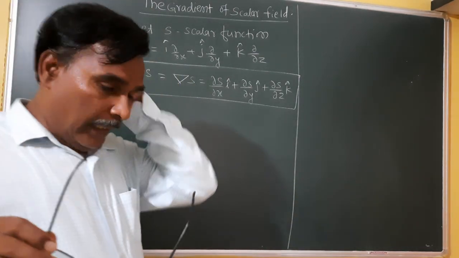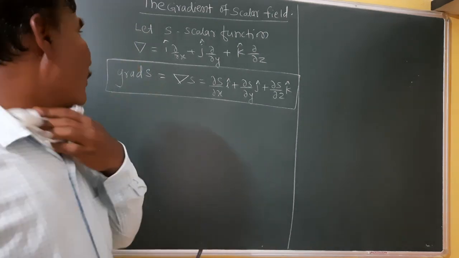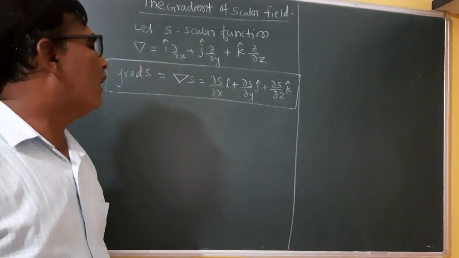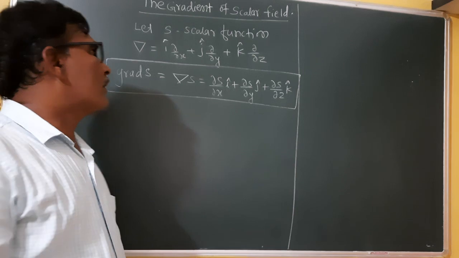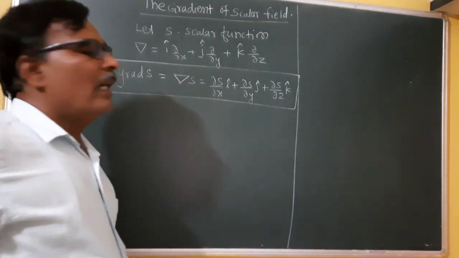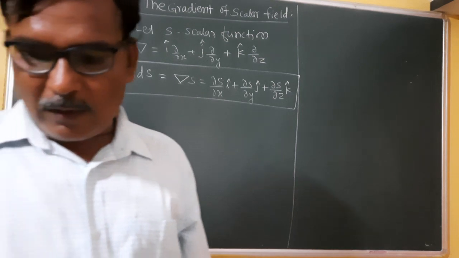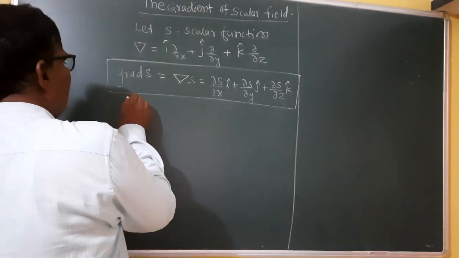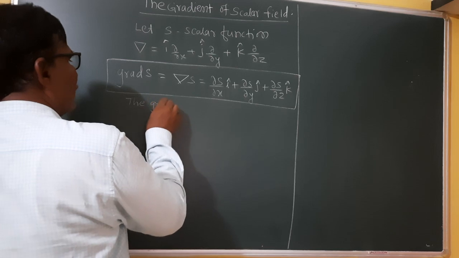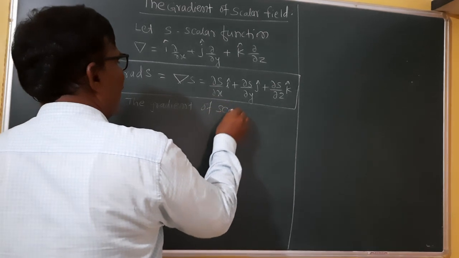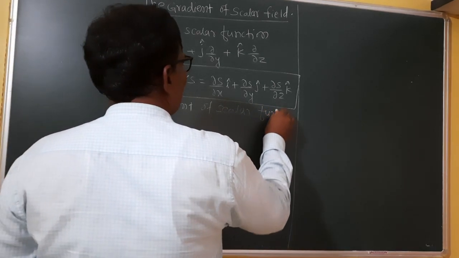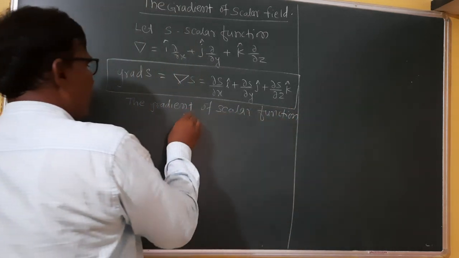It is a vector. We have a del operator which operates on the scalar function S, so this is called grad S, and the gradient of a scalar function is a vector.